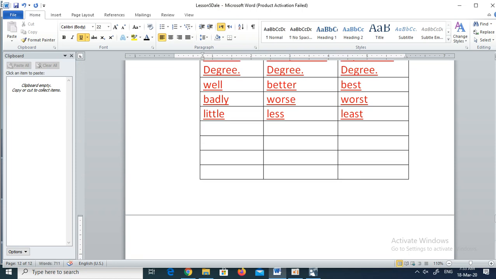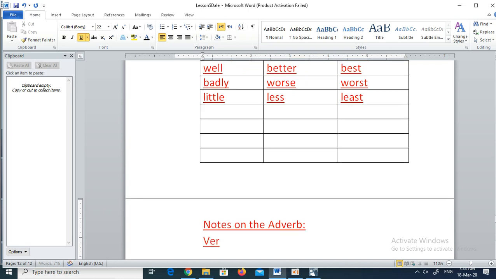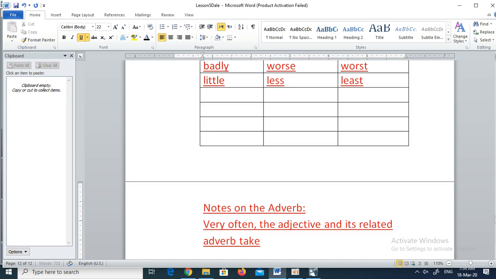There are some notes on the adverb that are important. In many cases, the adjective and the adverb look exactly the same.